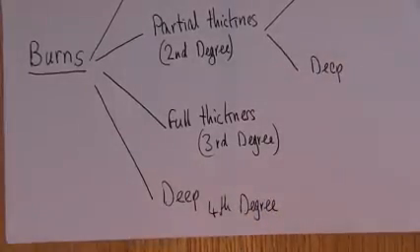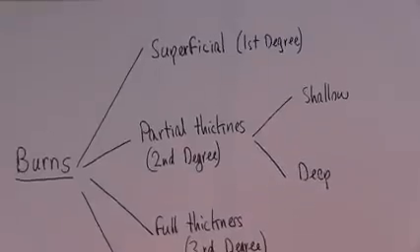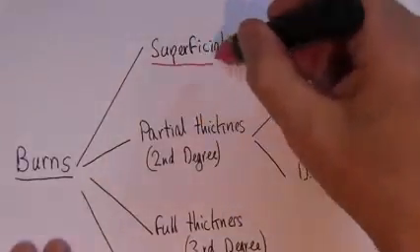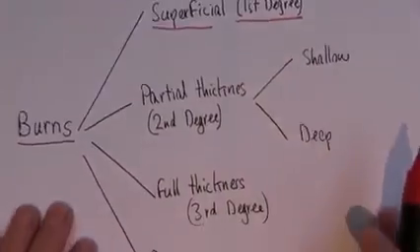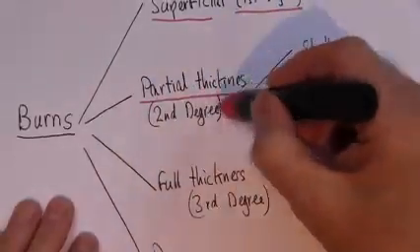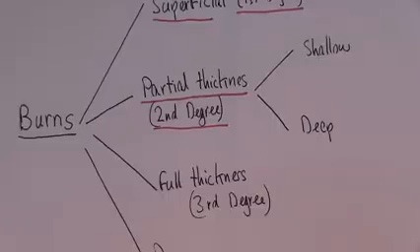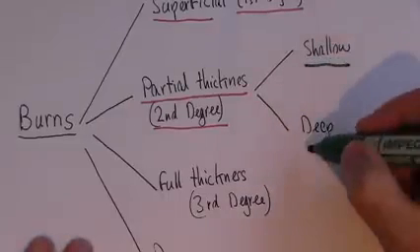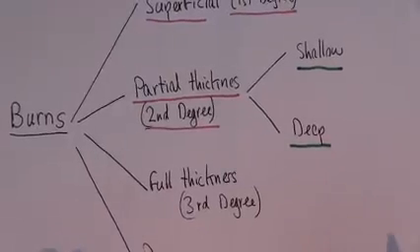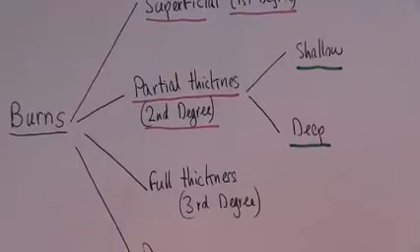So that's the bit you've got to understand first, otherwise nothing else will make sense. So burns can be superficial, the first degree. Burns can be partial thickness, the second degree. And remember, we're dividing the partial thickness into shallow and deep. They're both types of partial thickness injury.